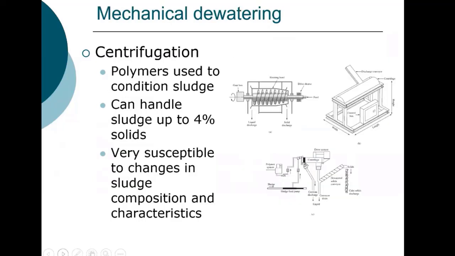We can use centrifugation. So we centrifuge the sludge. Typically, polymers are added to condition the sludge. The challenge with these is they're very susceptible to changes in the sludge composition and characteristics, and we need pilot testing to operate these.